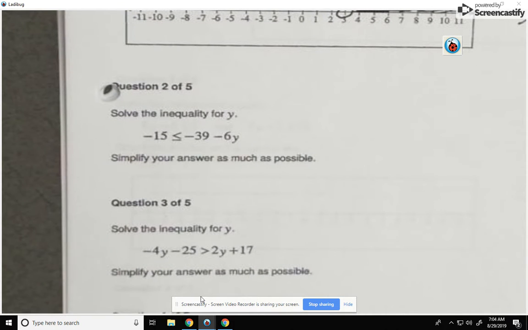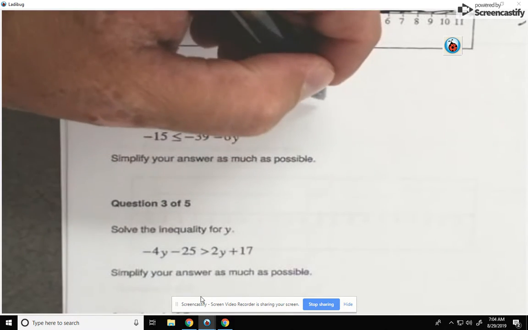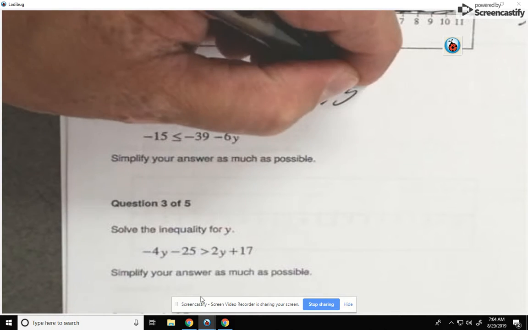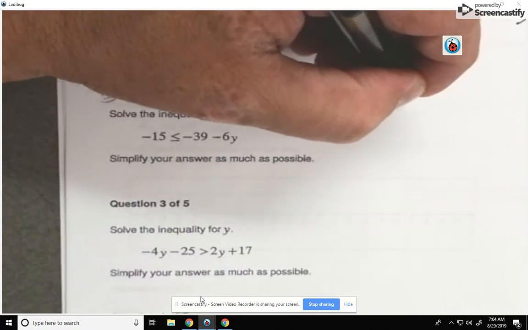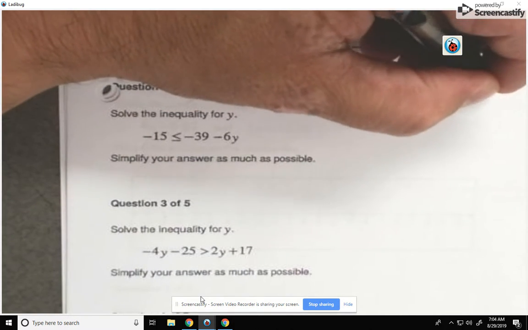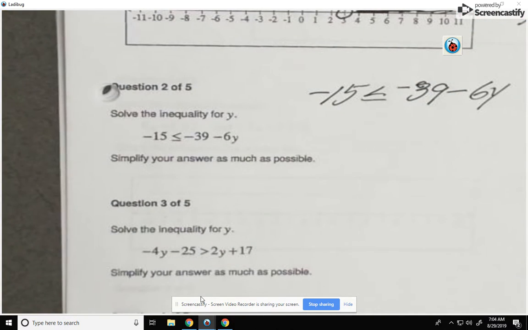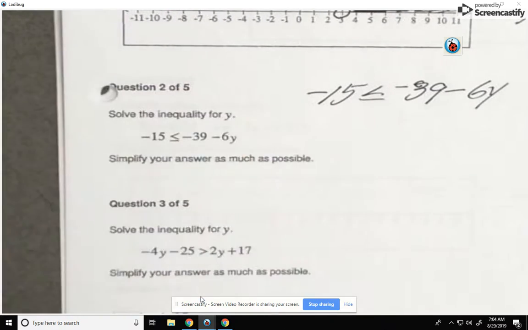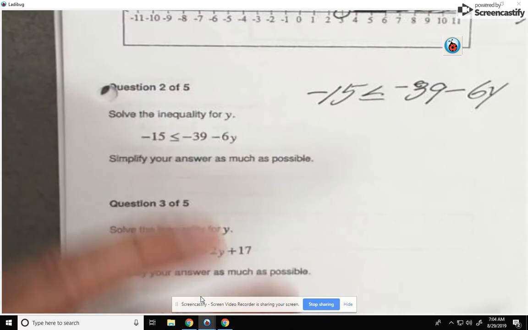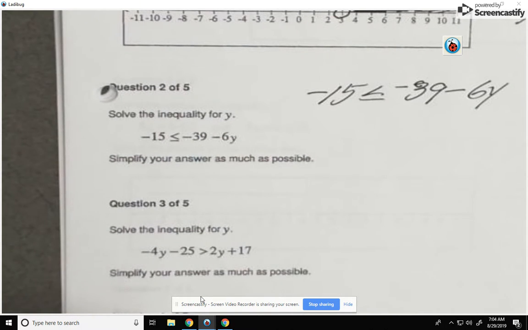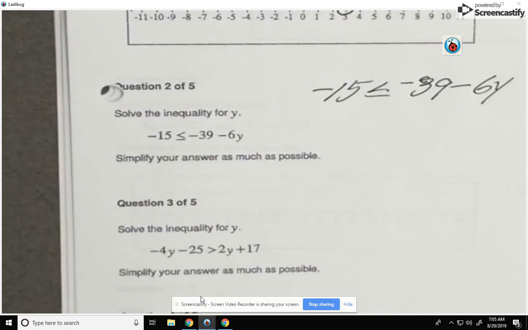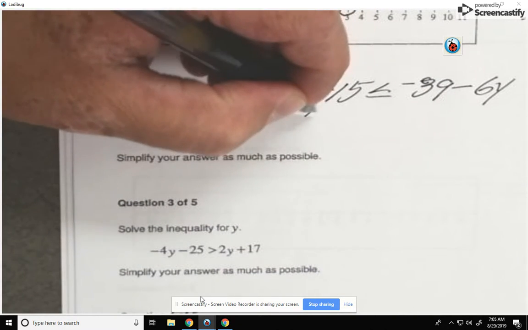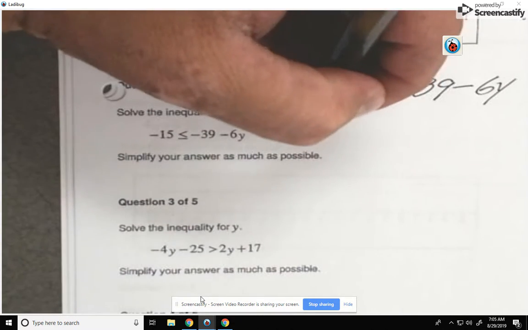Okay, question 2 asks us to solve the inequality. So we have 15 is less than or equal to negative 39 minus 6y. So here, we'd solve this like we would a normal equation. Since we're trying to get y by itself, we first move this negative 39. Since it is a negative 39, or kind of like you can think of it as a minus 39, we go ahead and we add it to the other side.